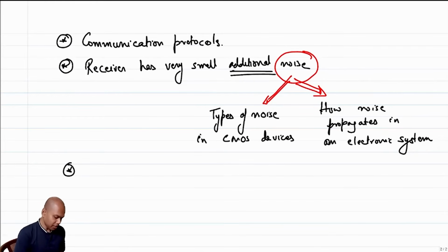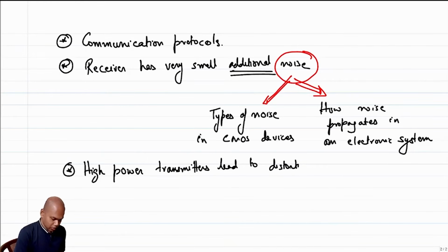Essentially, we will see that high power transmitters lead to distortion of signal. Now, distortion is a technical term, but we leave the technicalities for later lectures.